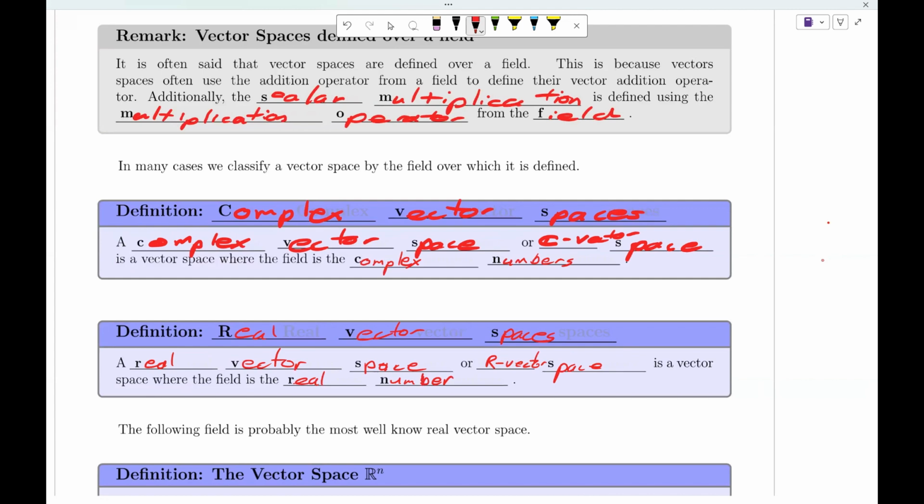When we're told that the field is the real numbers, we can assume that it's the standard multiplication and addition operators. And same if we're told that it's the complex vector space, we can assume that the addition operator from the field is the standard addition operator, same with the multiplication operator.